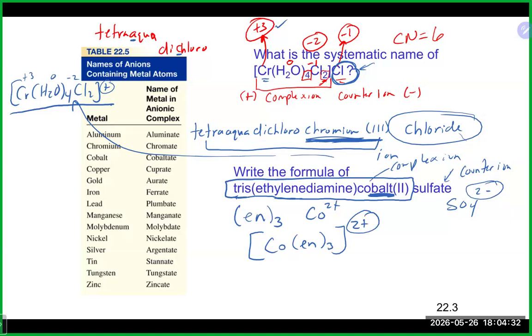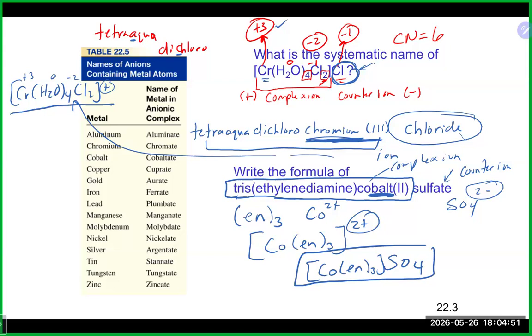So in this particular case, we actually just need one of each of them to balance it out, and you will end up with Co(en)3SO4 as the formula here. Any questions on that one?